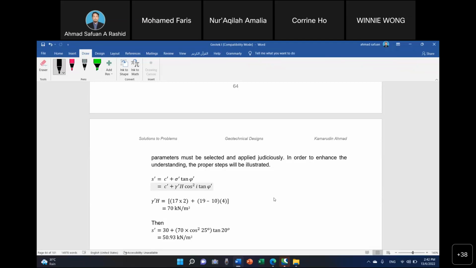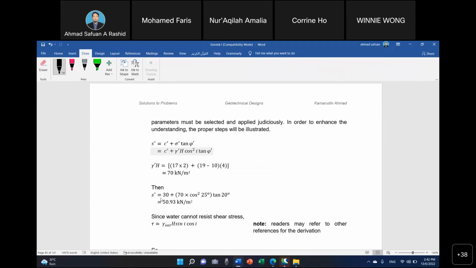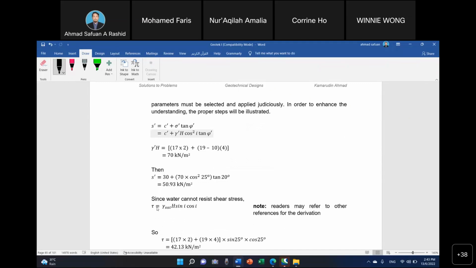So then we have here S is equal to C plus normal stress tangent phi. So this is the value for the unit weight times H, which is 70. So then the S is equal to 50.93. So for the tau, this is the formula.